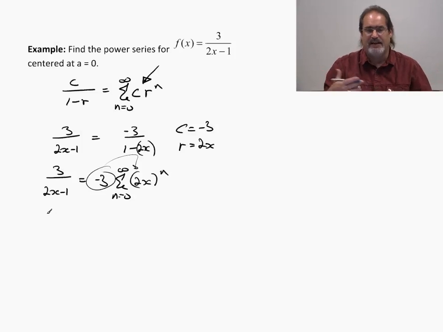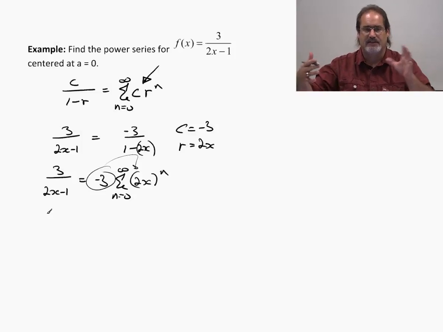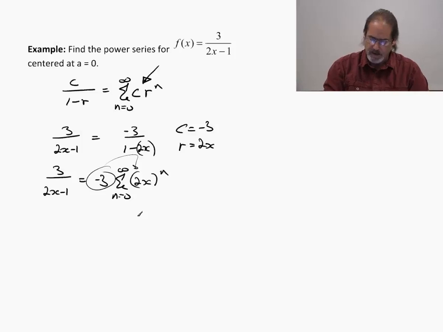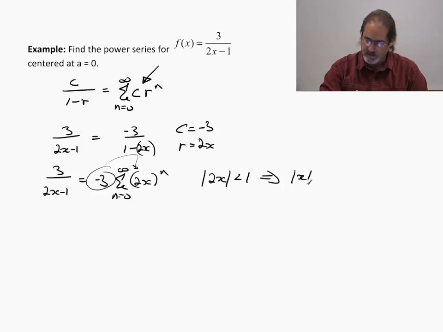It doesn't have an n involved in it, it's just a constant, so I can leave it inside the sum or pull it outside the sum, it won't make a difference. But once again, I need to think in terms of the interval and radius of convergence. So I know the absolute value of 2x has to be less than 1. That would then imply the absolute value of x has to be less than a half.